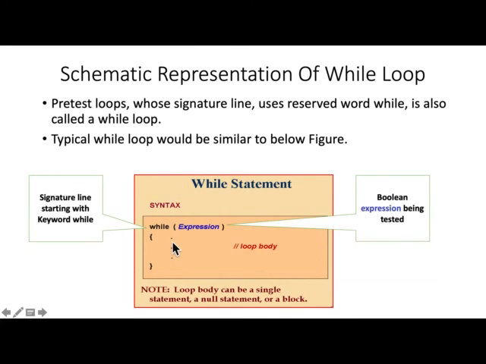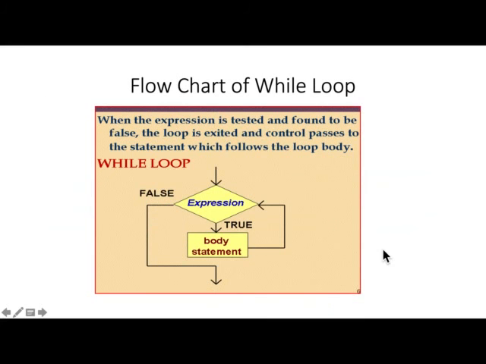That was true even in if and else: if you have if some expression, curly braces, and any variable is declared here, that's not going to be visible here or anywhere else. The flow chart of the while loop is like this: the diamond means the expression is being tested. If the expression is true, we'll execute the loop body statements, and after executing the last statement, we'll go back and test the expression again. If that's still true, we'll go back here.